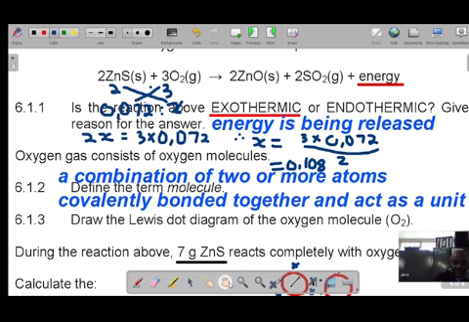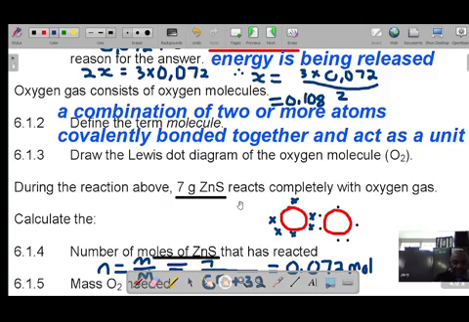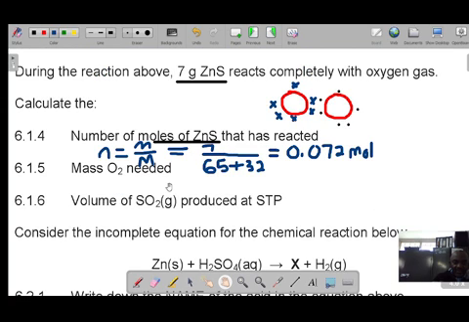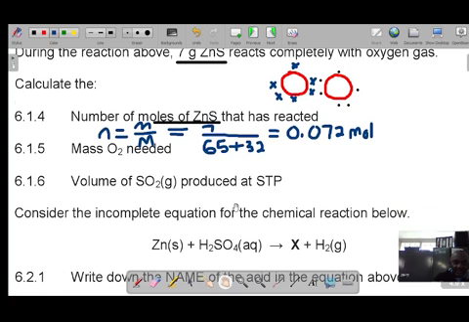Let me get back here now. I want the mass of oxygen required. Because I have the moles, I can get the mass. The formula says number of moles equals mass over molar mass. So mass equals the number of moles, n, multiplied by the molar mass.